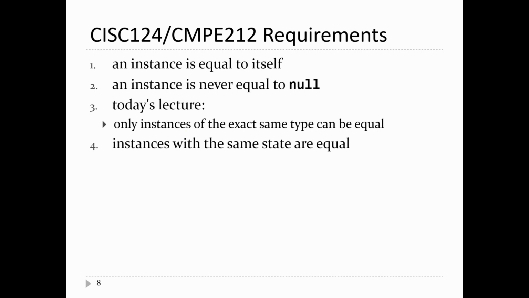So a point can be equal to a point, but a point can't be equal to a vector. Can't be equal to a string either, or something like that. And then finally, if your 2 objects have the exact same type, then they are equal only if their states are also equal. So 2 points are equal if they have the same coordinates.